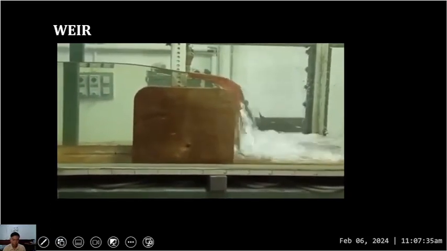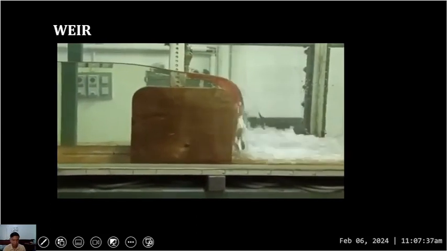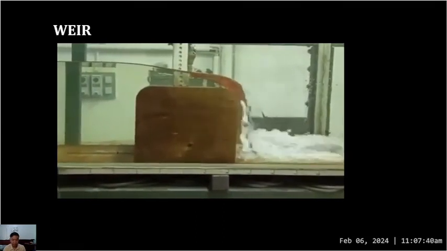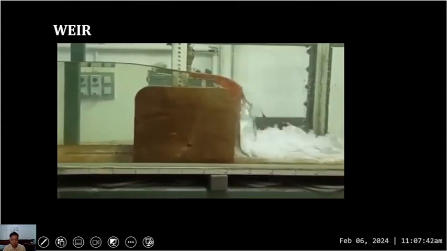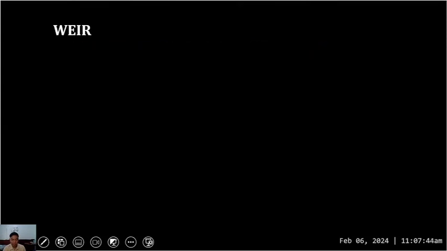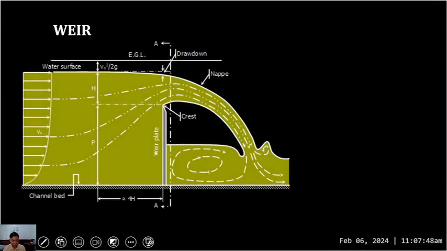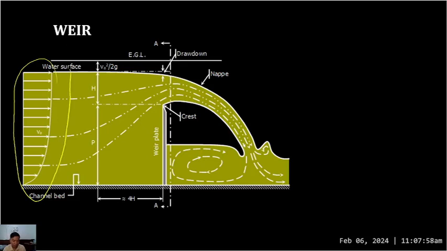So, ano ba yung different ng mga parameters na tinitingnan natin when it comes to weirs. Kung titingnan nyo, yung velocity profile ng tubig natin dito sa left side, as you go down, yung velocity ng tubig natin is mas humihina.